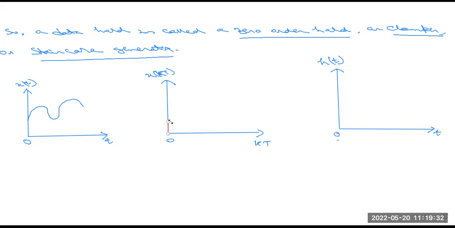First, that is 0, then t, 2t, 3t, 4t, 5t, and so on. Okay.